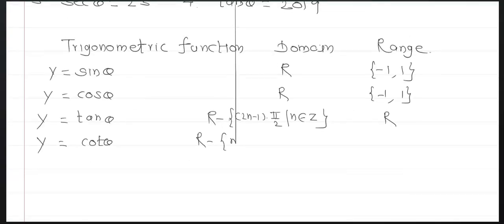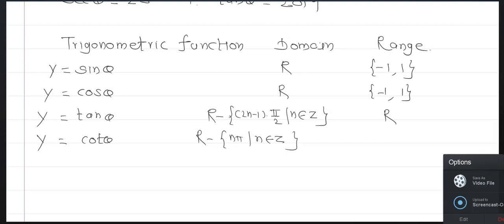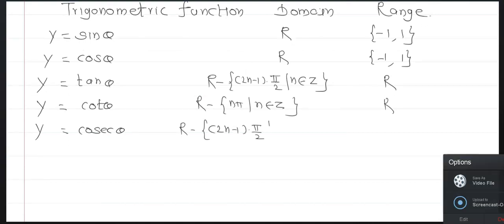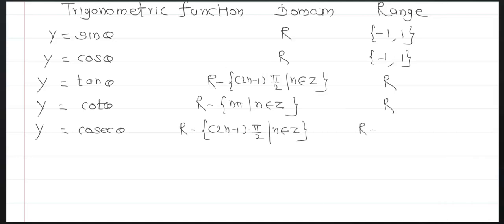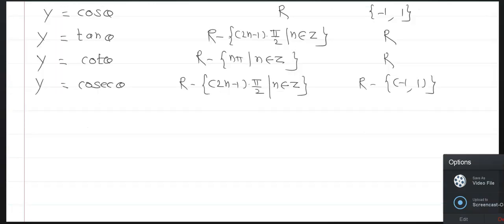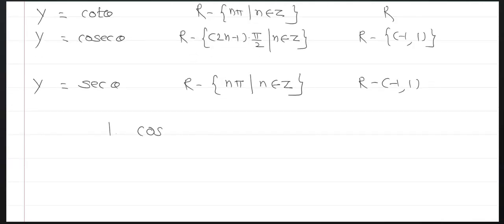Cot theta: the domain is R minus n pi, where n belongs to the set of integers, and its range is capital R. y is equal to cosec theta: R minus n pi, where n belongs to Z; range R minus (minus 1, plus 1). And y is equal to sec theta: R minus (2n minus 1) into pi by 2, n belongs to Z; range R minus (minus 1, plus 1).